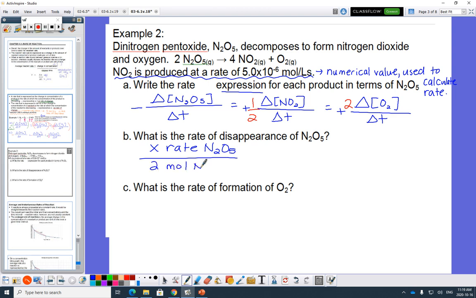I'm going to call it mole. You can put coefficient. We are given this for NO2. Yes, Simon? Yes. And its coefficient is 4?